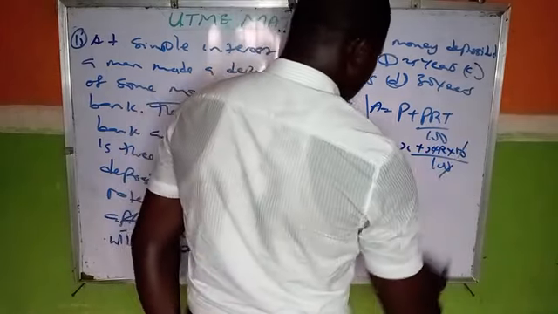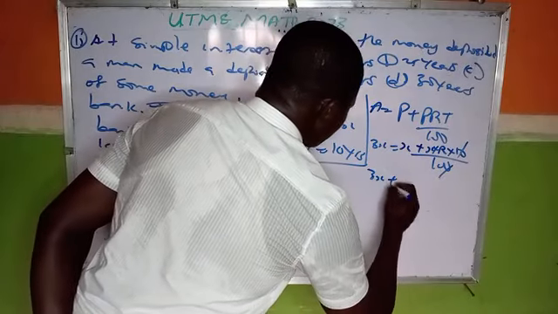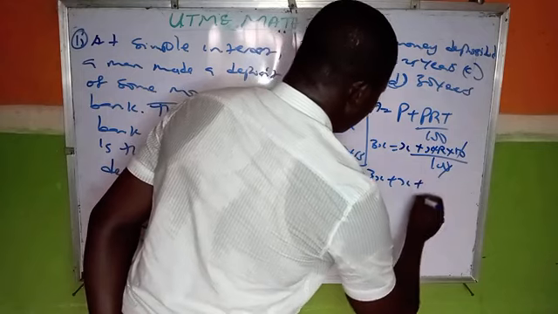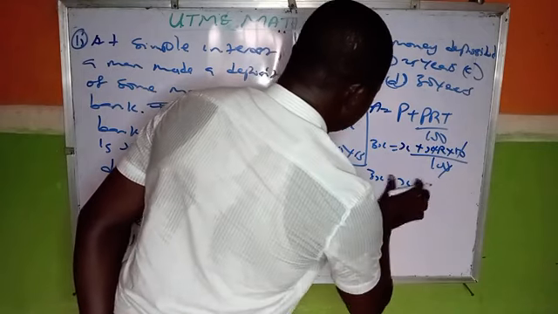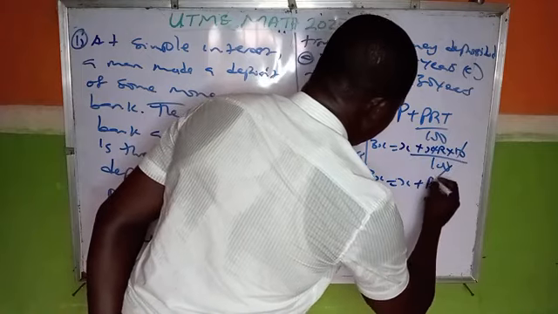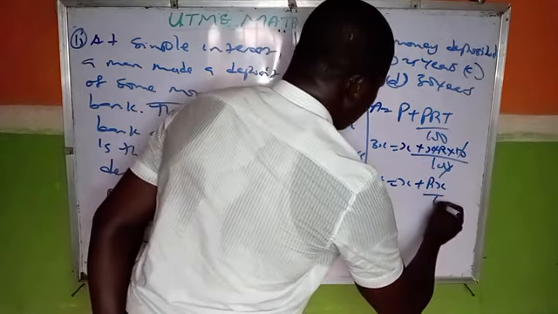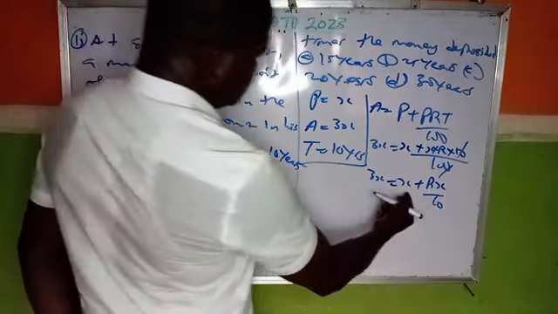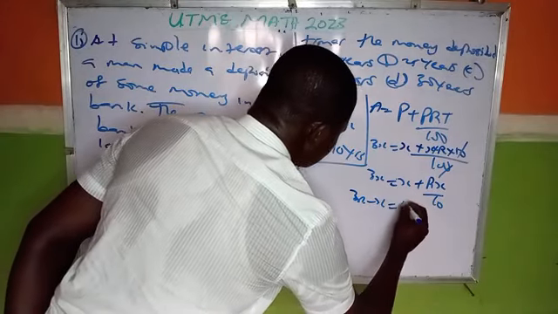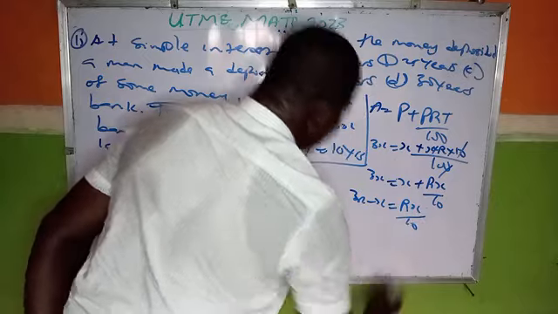So here this can cancel this. So you have 3x equal to x plus this, that's r x over 10. So take this one to this side. So you have 3x minus x equal to rx divided by 10.